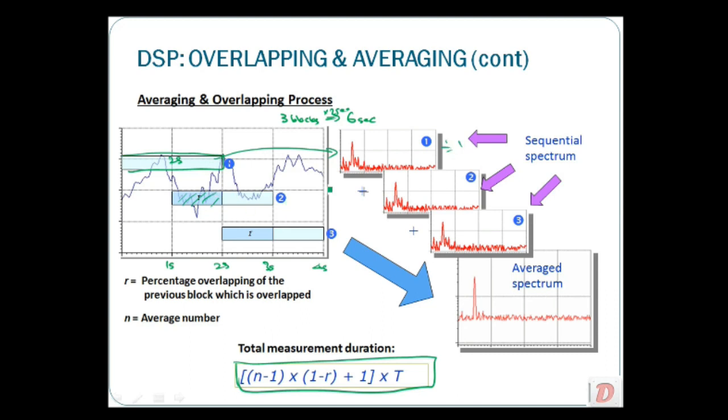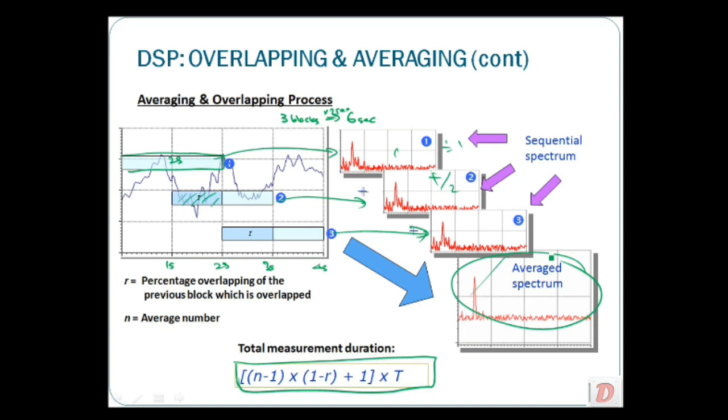The second block goes to FFT, then you have 2 spectrums, so 1 plus 2, divided by 2. With the third block you have the third spectrum, so 1 plus 2 plus 3, divided by 3. Then you have the final average spectrum. So that is about overlapping and averaging.